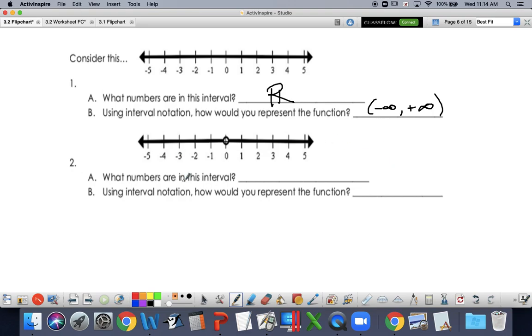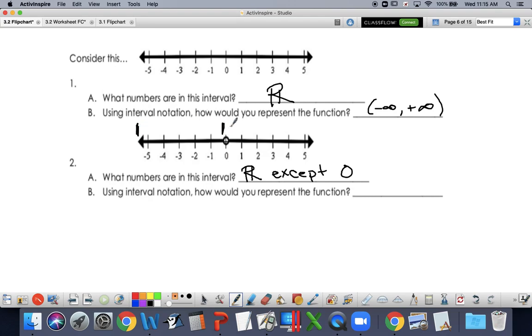Looking at this next example, I'm including all real numbers except 0. So that's normally, right, how we would kind of say it out loud. So we would say all real numbers except 0. Well, how am I going to write this as interval notation? This is a pretty tricky one. What we basically want to do is we want to say, okay, here's my start, and then here's my stop.